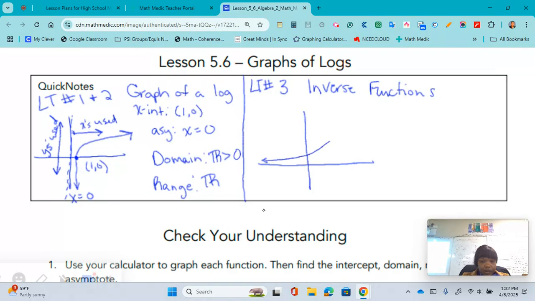We have the exponential that shows an exponential growth, and we have our y equals x line, and a logarithmic.